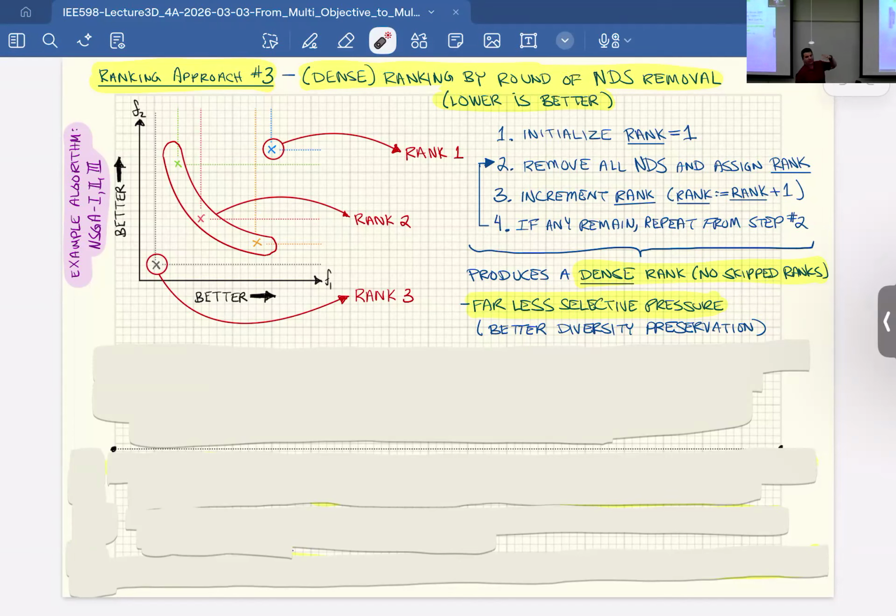But NSGA-I and II, the way they do fitness ranking, it turns out for 3 objectives it kind of works, and for 4 objectives it just doesn't work very much at all. That's because once you get to 4 objectives or higher, everything looks non-dominated.